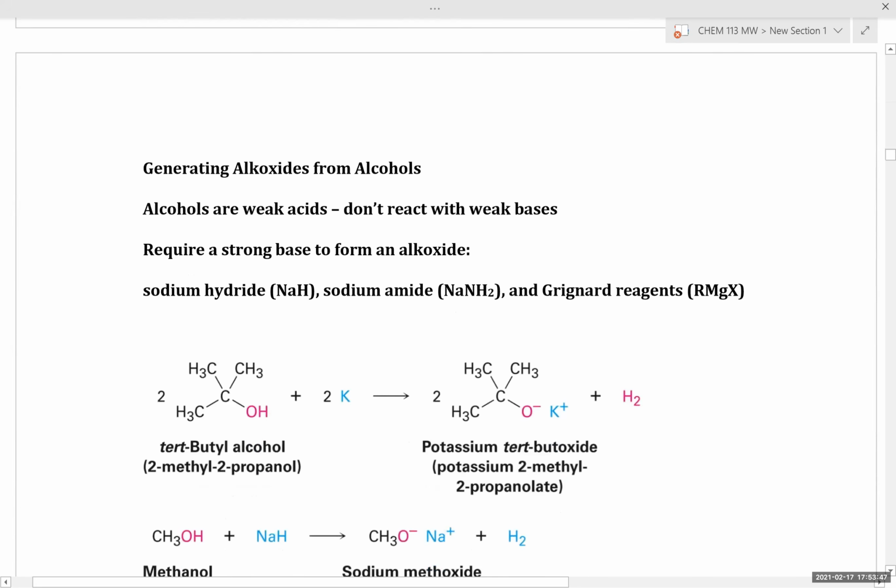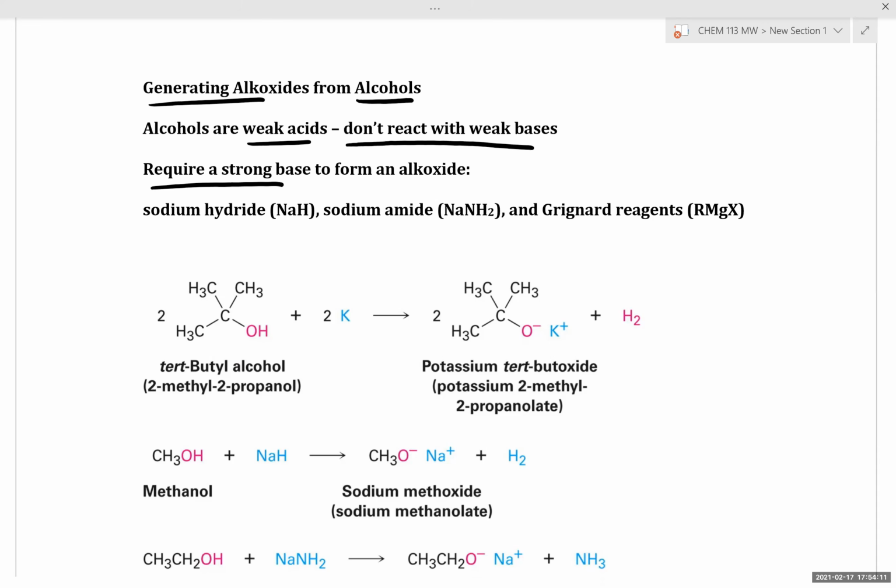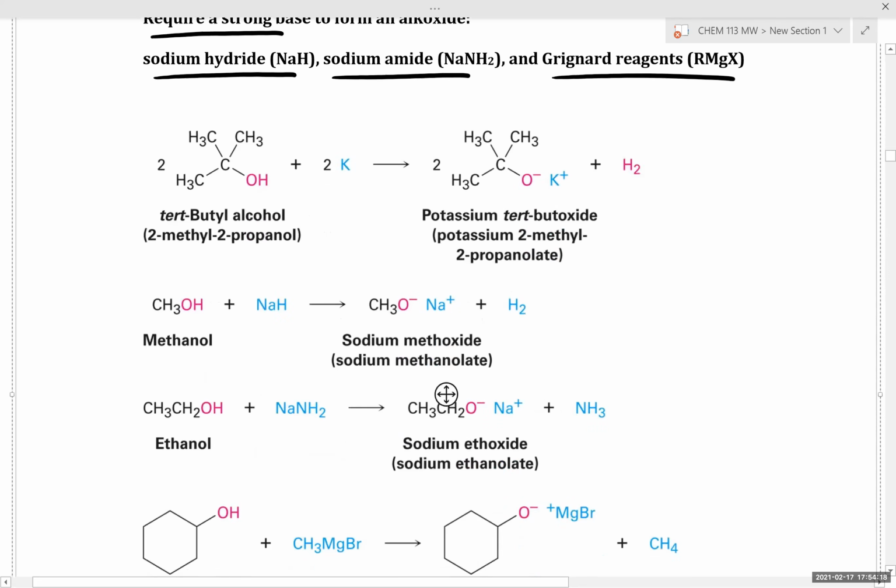Now, let's talk about methods of generating alkoxides from alcohols. What are common methods to deprotonate alcohols? Well, really, any strong base will do the trick, but it has to be a reasonably strong base. Alcohols are weak acids, so as a result, they don't generally react efficiently with weak bases. So we need a strong base such as sodium hydride, sodium amide, or Grignard reagents to generate an alkoxide from an alcohol.